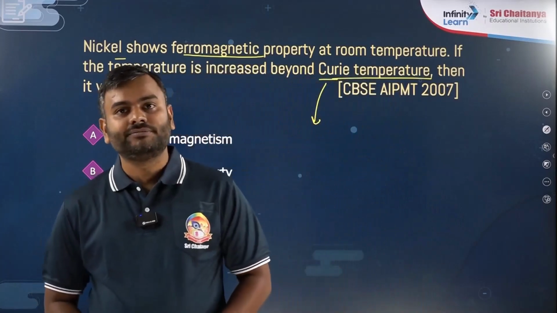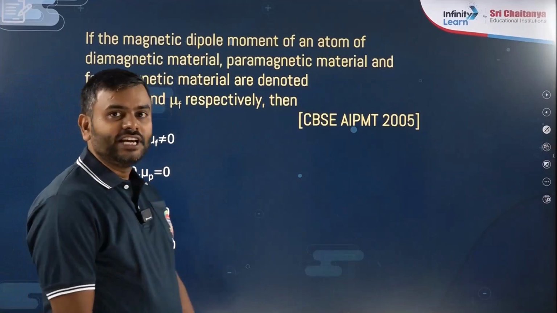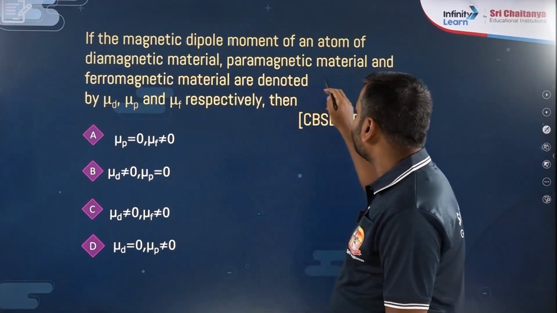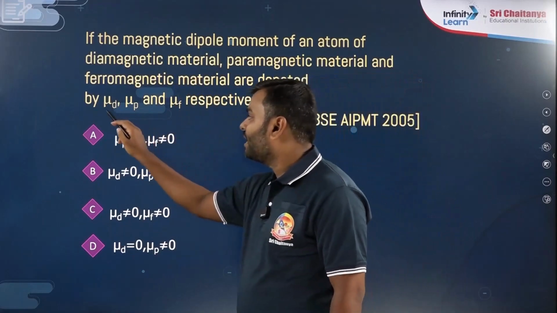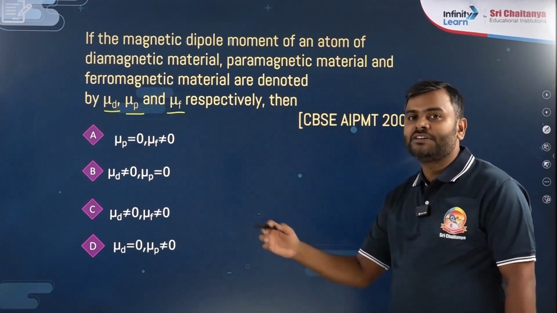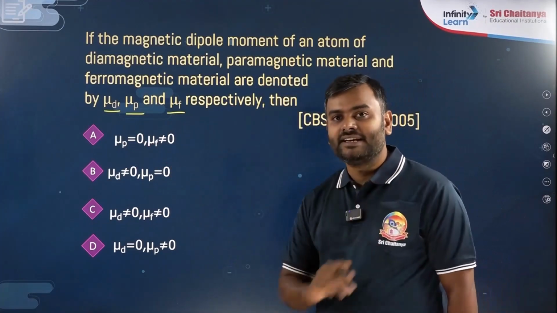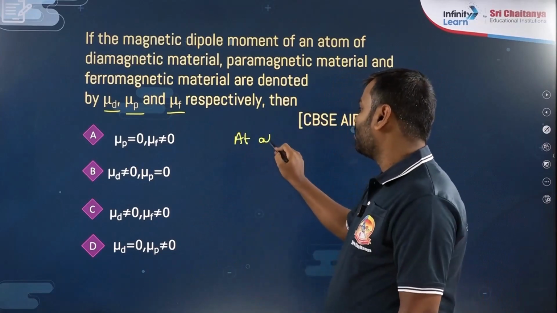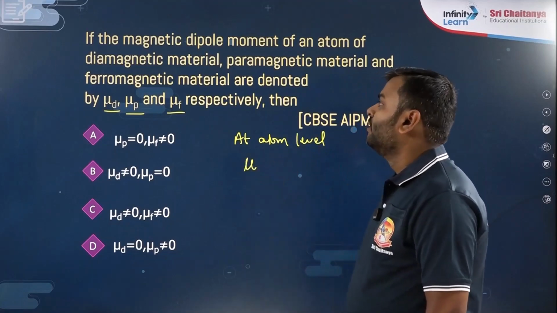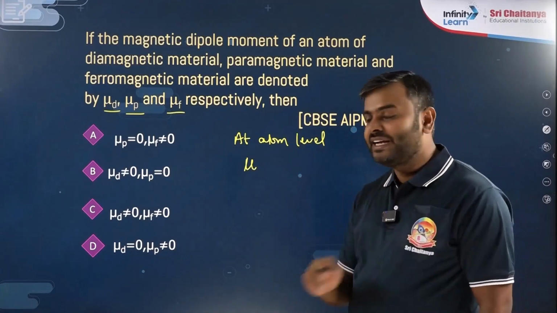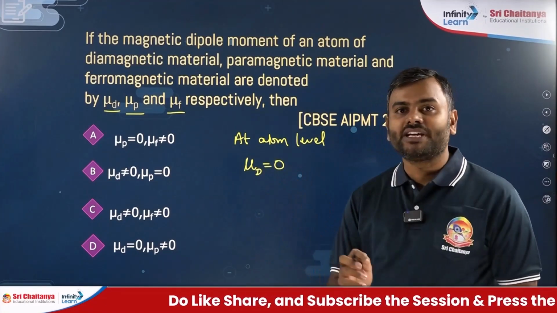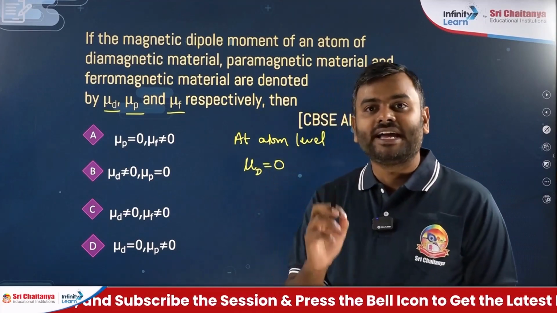Let's move to the next question. If the magnetic dipole moments of an atom of diamagnetic material, paramagnetic material and ferromagnetic material are denoted by these symbols, mu D, mu P and mu F respectively, what will be the values we can write? Understand one thing here, that at atomic level, the magnetic dipole moment for the diamagnetic material, which is mu D, will be 0, because at atomic level the diamagnetic material does not have any dipole moment.